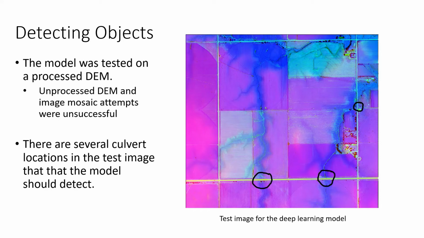So it had to be an 8-bit signed raster and have 3 bands. I did the same band combination for this test image. On this image, I circled a couple of examples of culvert locations that the model, when applied to this image, should be able to identify.